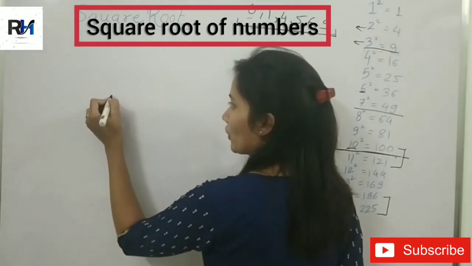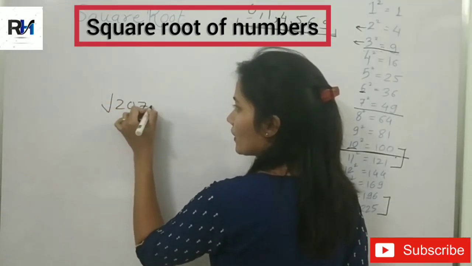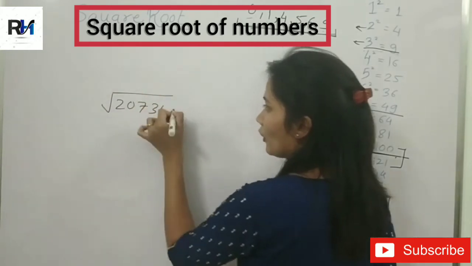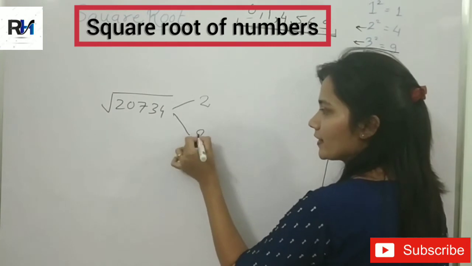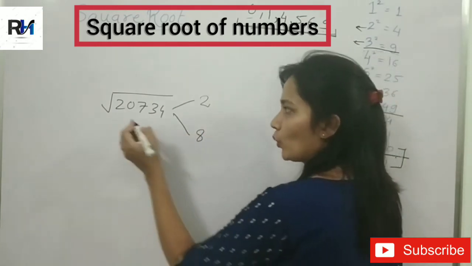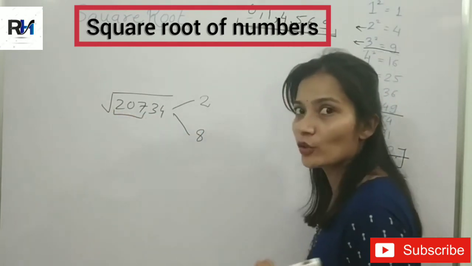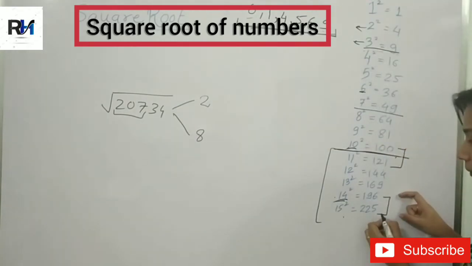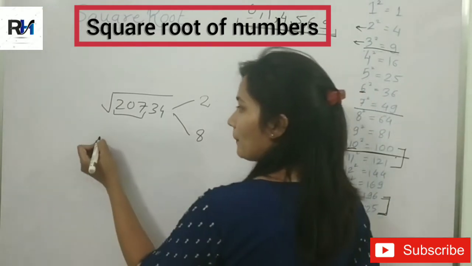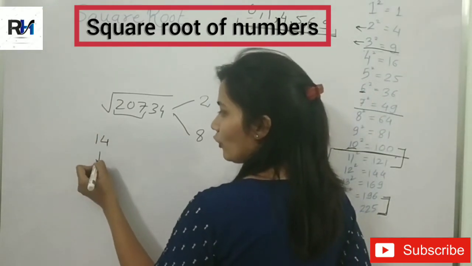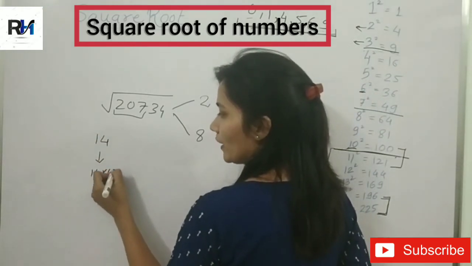Let us take one more: 20734. Now 4 comes in the square of 2, and 10 minus 2 is 8. So the last digits you know. Now we have to check for 207. 207 comes between 14 and 15. We will take the lower number, 14. Now we have to multiply 14 into 15.